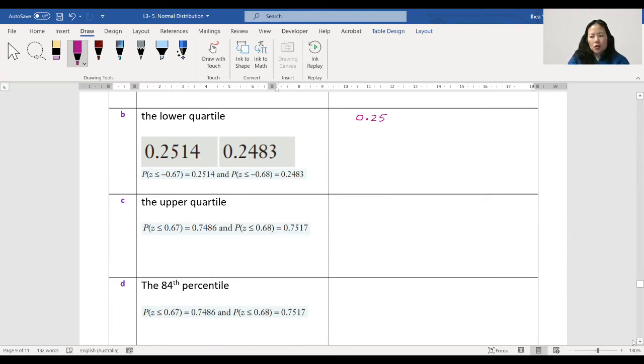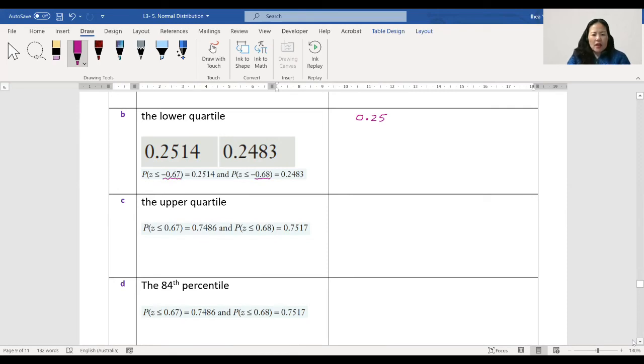Now, when you look at the table, you will get something in the Z scores with minus 0.67 is about 0.2514, and then when Z score is minus 0.68, you will get 0.2483.